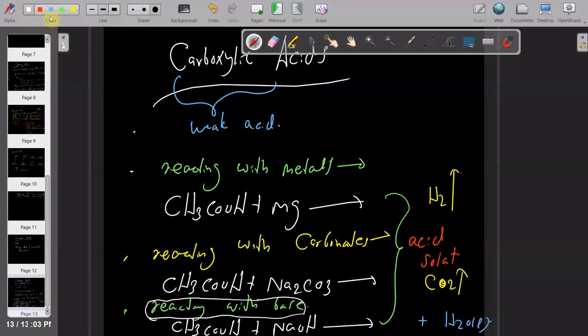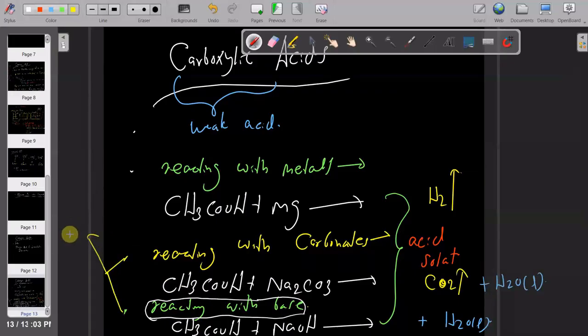Definitely water is there. So this is also an acid-base reaction, right? Sodium carbonate is a base. Now remember, this sodium carbonate reaction and the other normal acid-base reaction, these are only what? Neutralization reactions, right? Only these two can be considered as neutralizations.